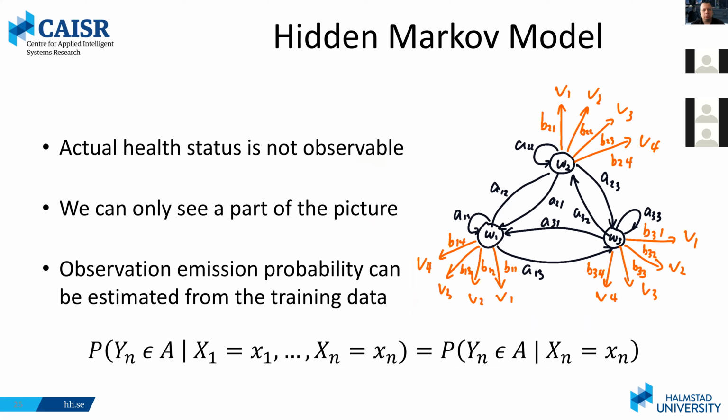So we observe certain measurements, but underlying it is the actual hidden health status of the machine. And it's this actual health status that we would really like to capture. So we would like to build some kind of hidden Markov model that tries to identify those possible states and so on.